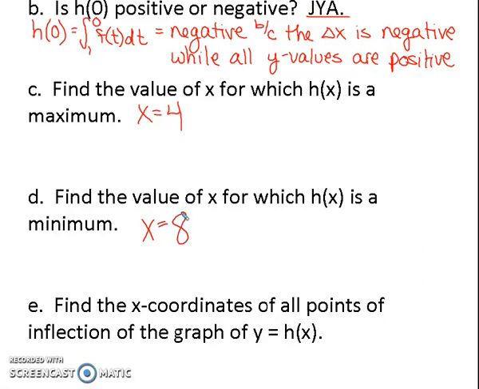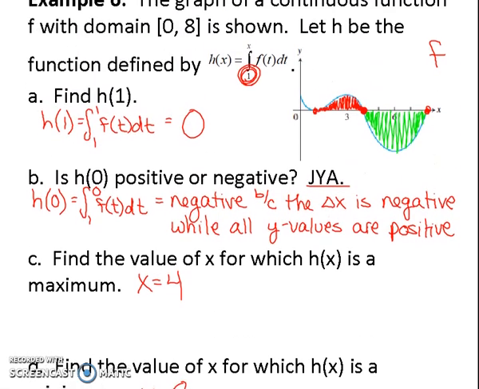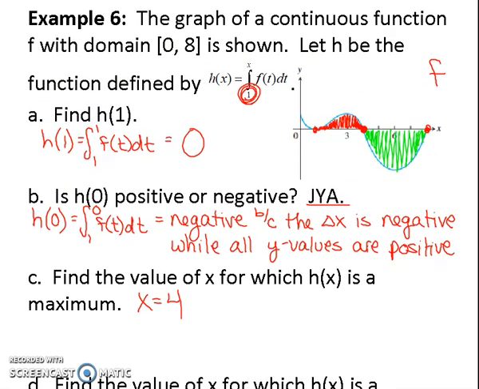All right, and then E, find the x-coordinates of all points of inflection of the graph of h of x. So points of inflection, if we think back to the last graphs unit, that's going to be where the second derivative changes from positive to negative or negative to positive. So changes in sign of the second derivative.